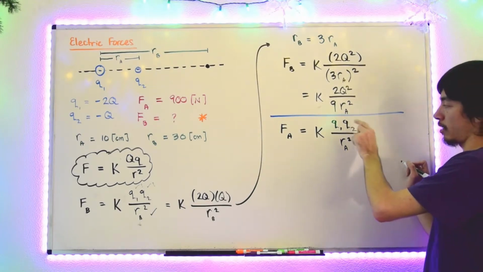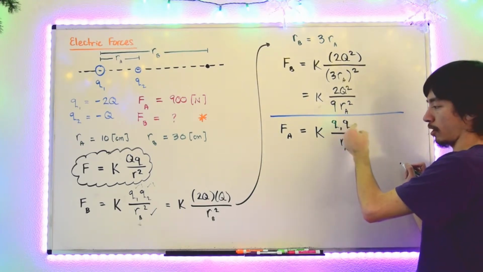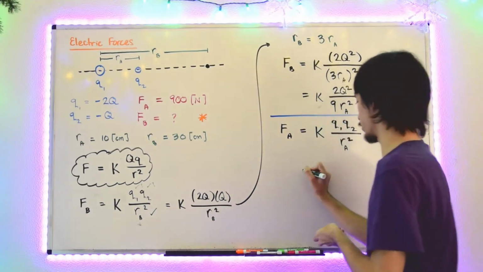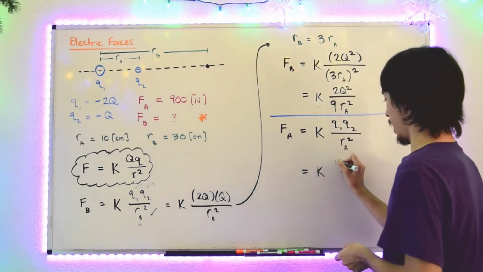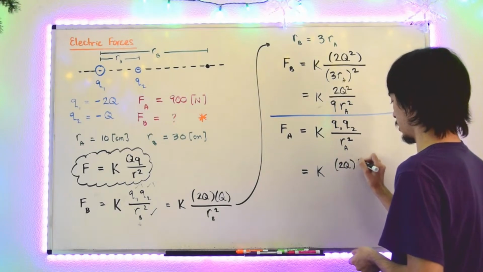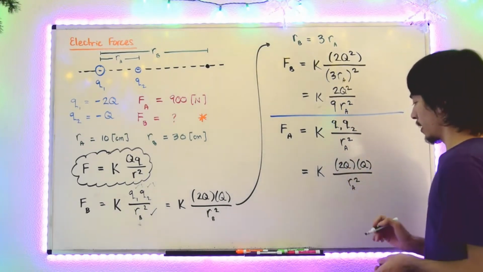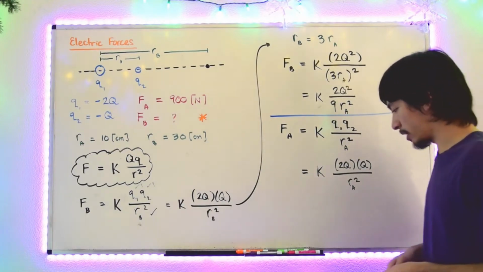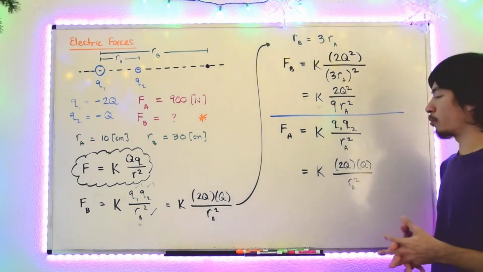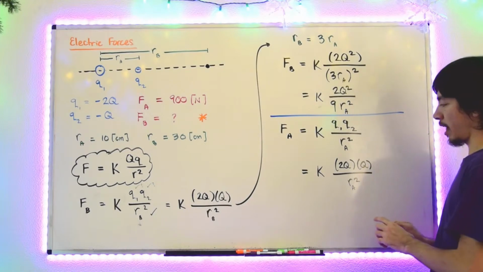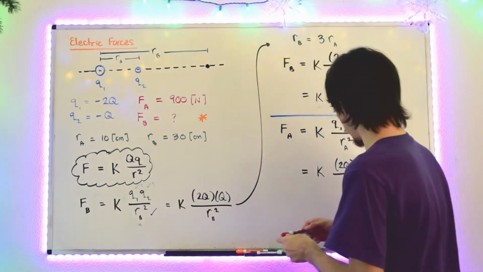We can plug in Q1 and Q2 in terms of the 2Q and the Q, so we can write k, and that's going to be 2Q, Q, over RA squared.